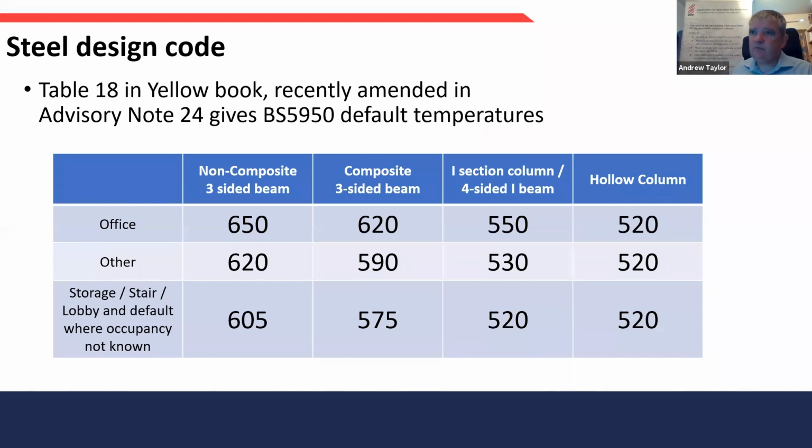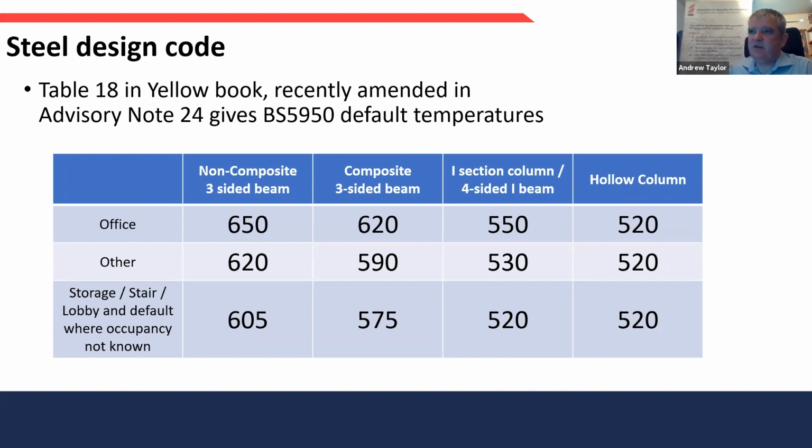Now, we get some tables here as we come up. We have the yellow book tables, which are repeated elsewhere also. If you want a shorter-ish version, there are some tables in a document that we've recently published, Advisory Note 24, and that gives the critical failure temperatures that we would believe you should use.